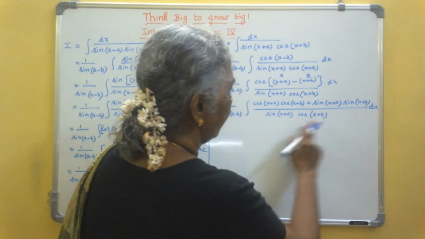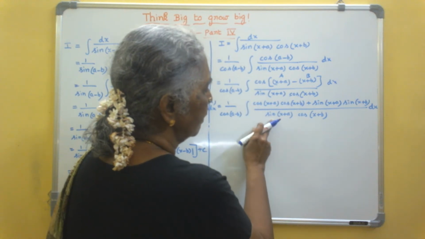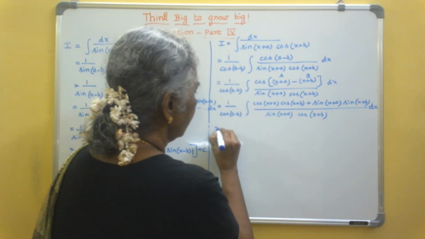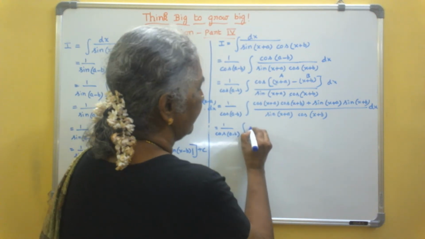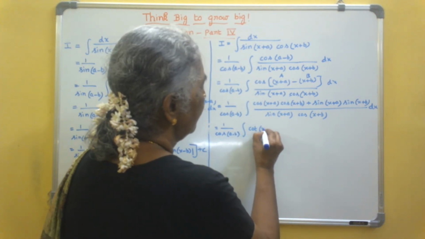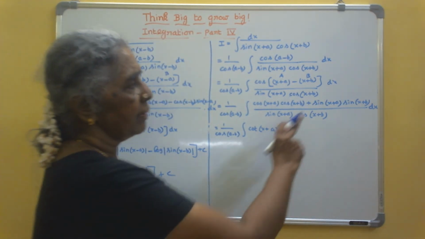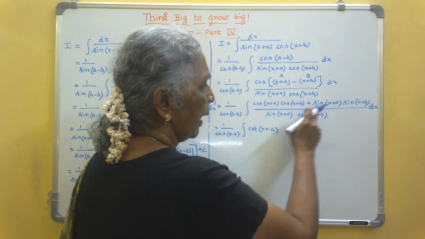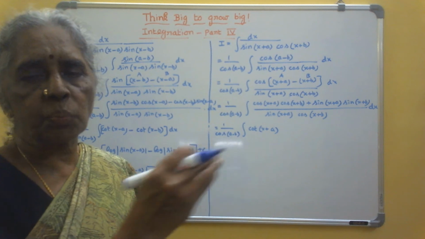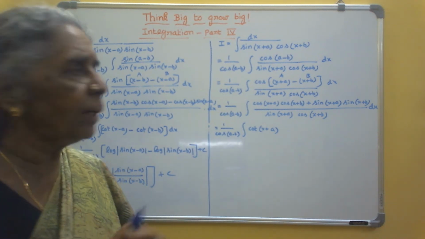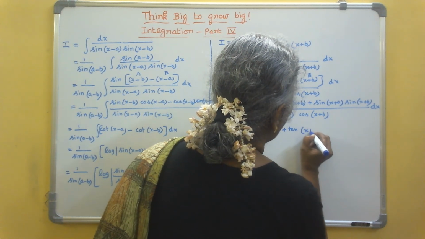If you look at the first one, cos of x plus b will get cut. You will get here cot of x plus a. So 1 by cos of a minus b is outside the integral. Now let us come to the second part. Here sin of x plus a will get cut. You are having sin of x plus b by cos of x plus b, which gives you tan of x plus b.